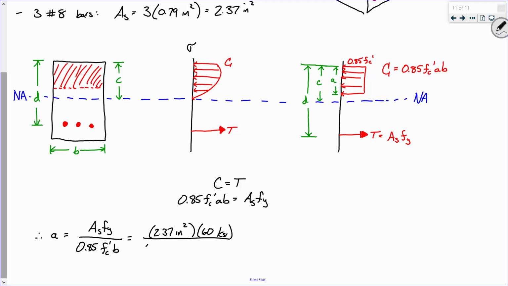All right. 0.85 times what's f'c? 4 what? ksi. And b, what's b? 10 inches. Now, what are the units going to be when this is all said and done? Inches, right? The ksi are going to cancel, and I got square inches over inches, so it's going to be inches. All right. Do some plugging and chugging.